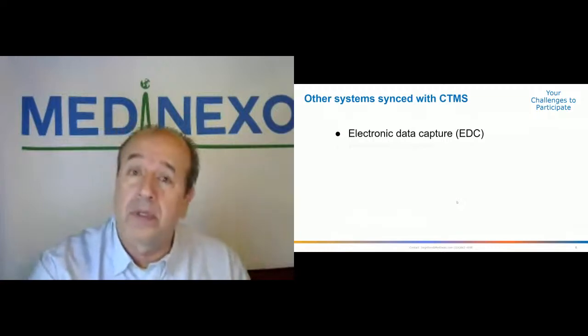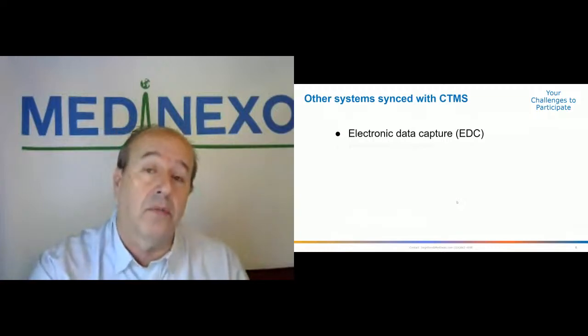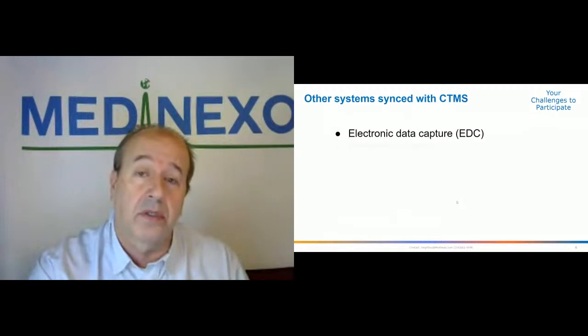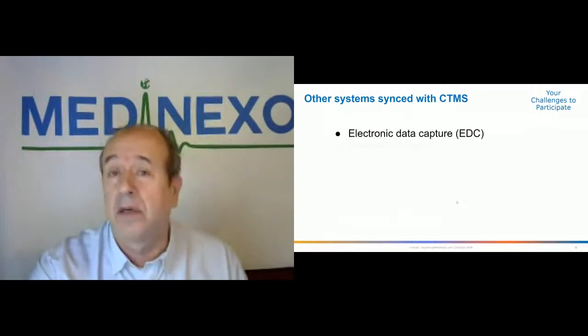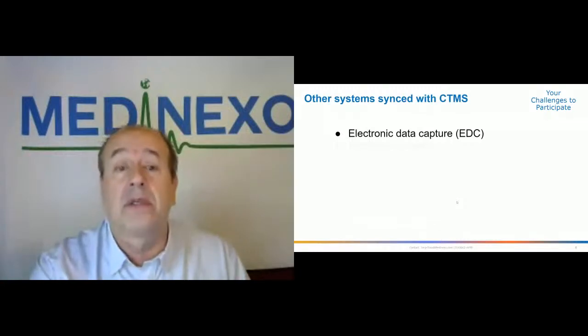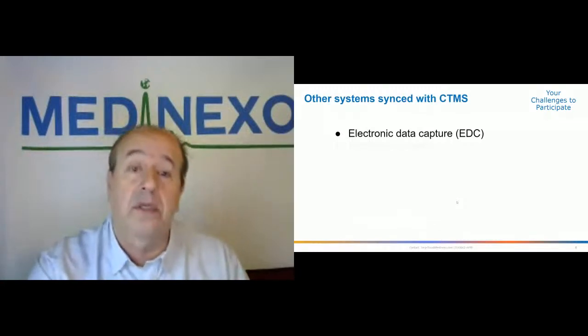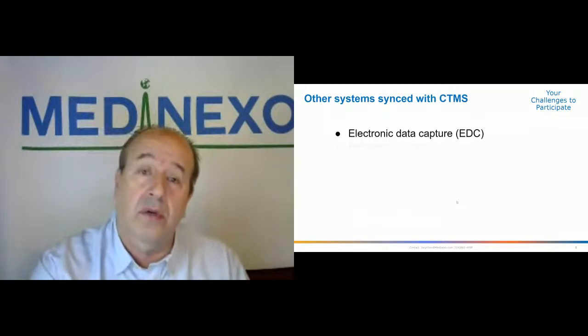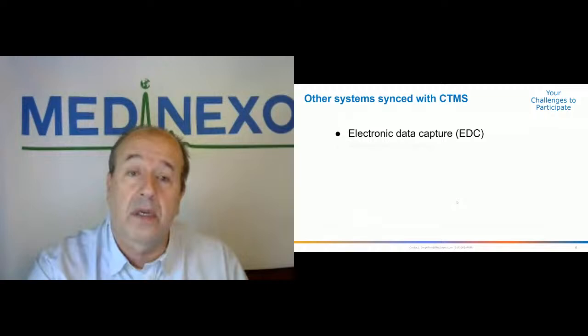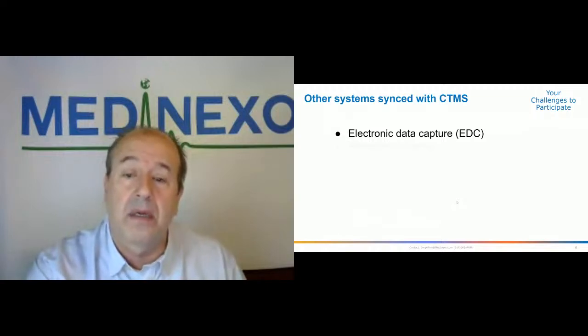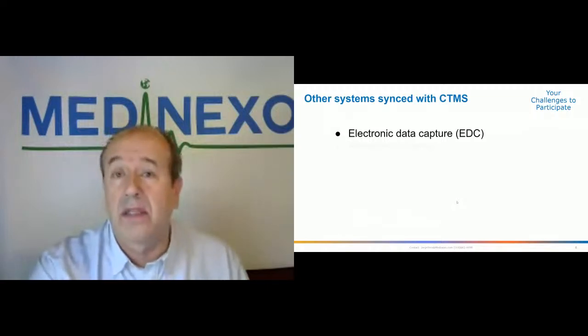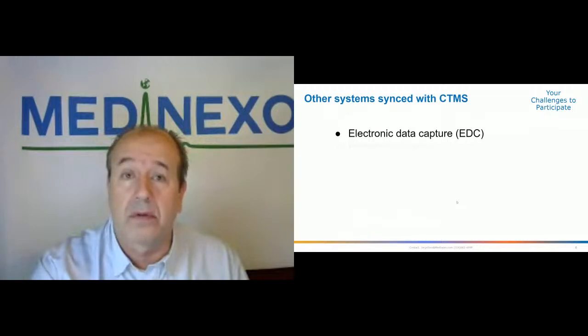Now, reporting systems. The CTMS sometimes has a very good reporting system, and you can actually generate all the reports that you have. But a lot of times you have to synchronize into other databases, external systems that can actually help you with the reporting that is necessary for the clinical trial. So keep this in mind. And of course, the interaction with electronic medical records.